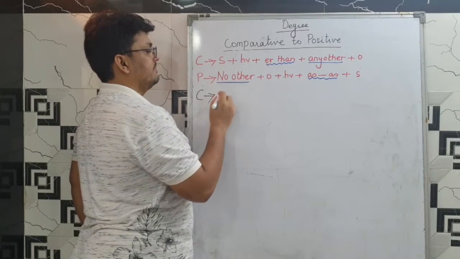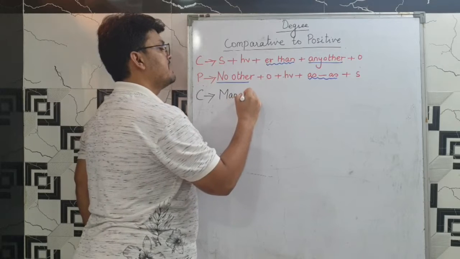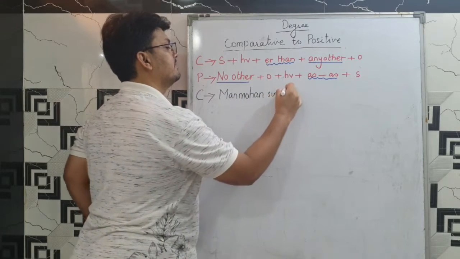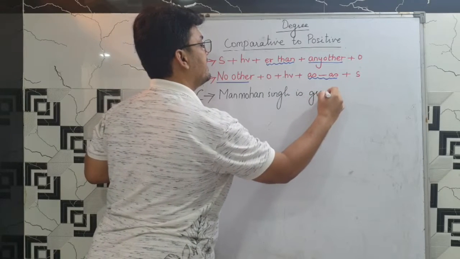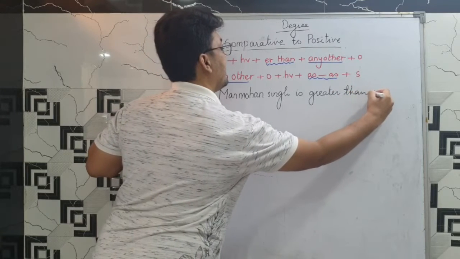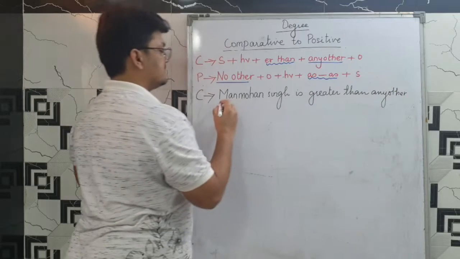Comparative: Manmohan Singh is greater than any other economist.